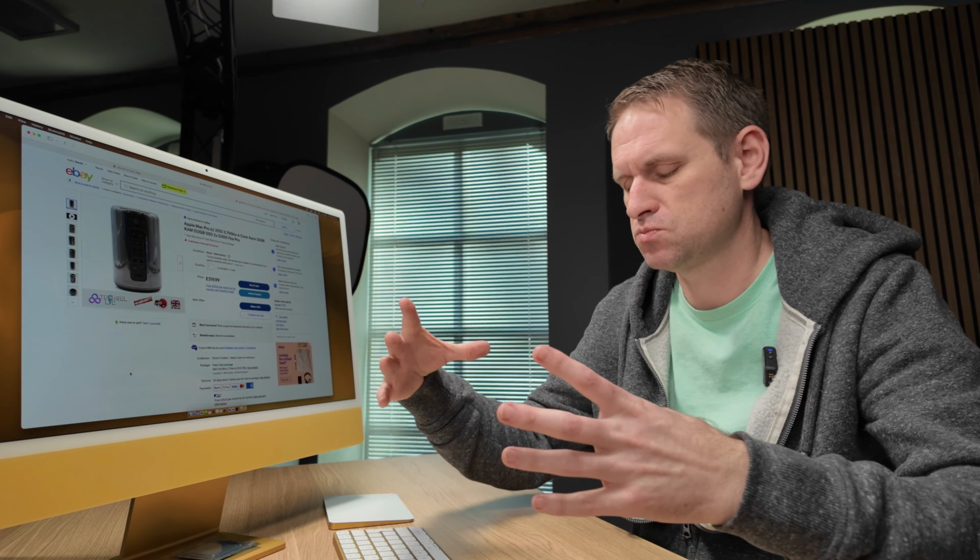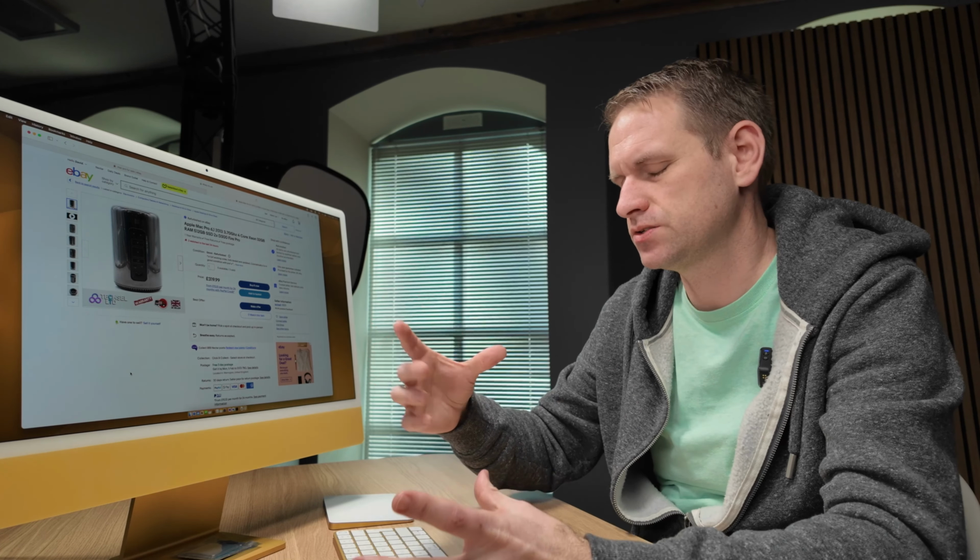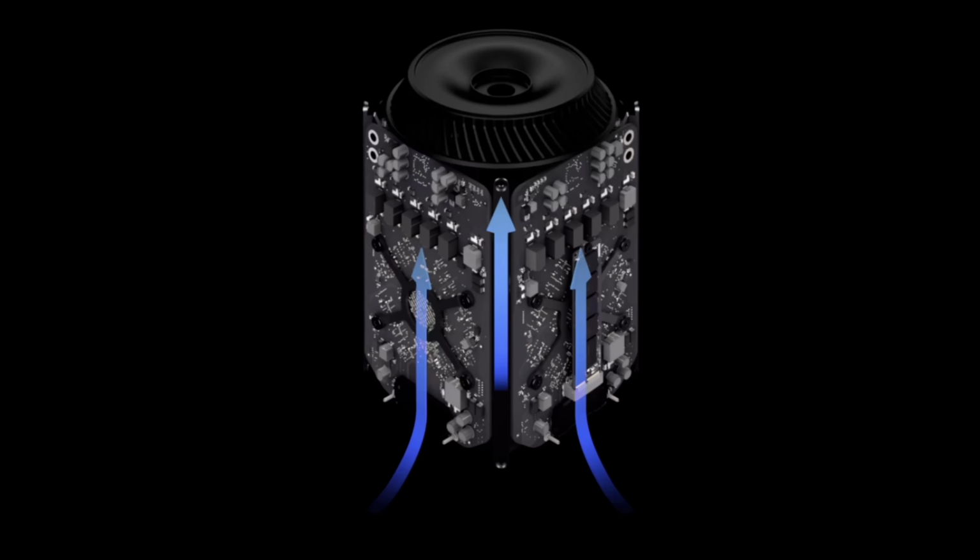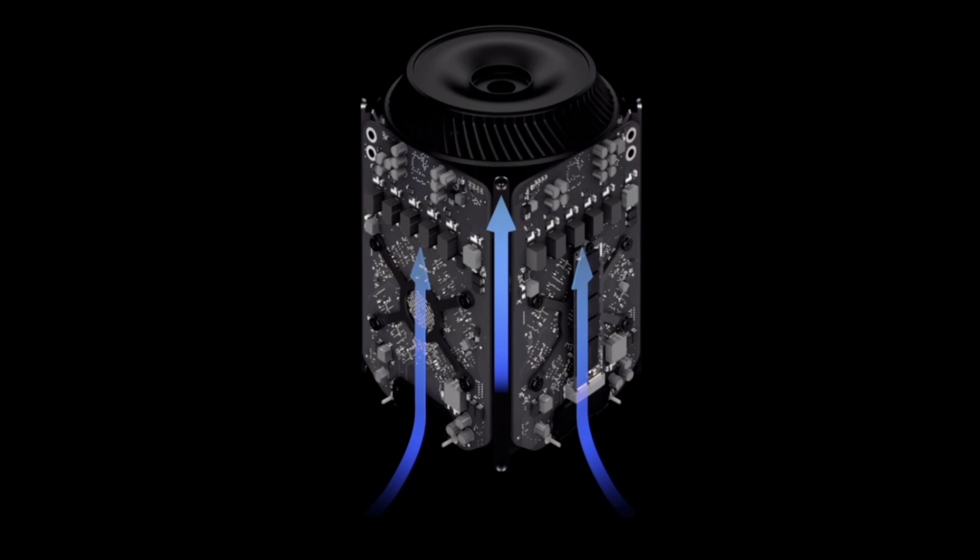And I used to think to myself, what if you could have a case, and in my mind, it was more of a triangular design, I guess, but why not have all of the components on a central heatsink and vent through the top? And that's what Apple did with this computer. And it is a great idea, except where it isn't.